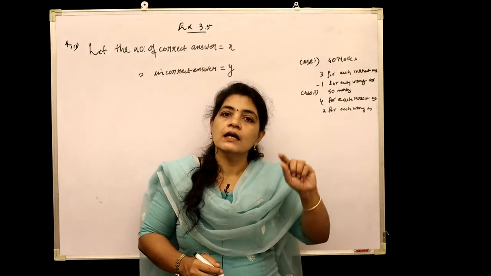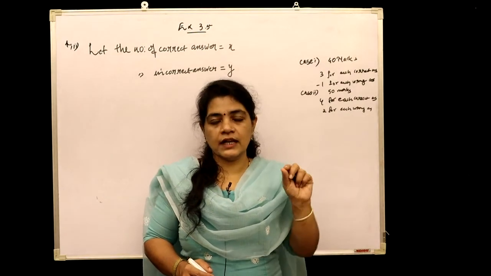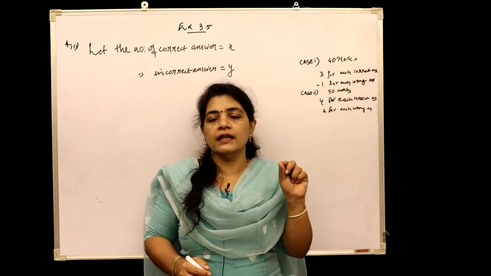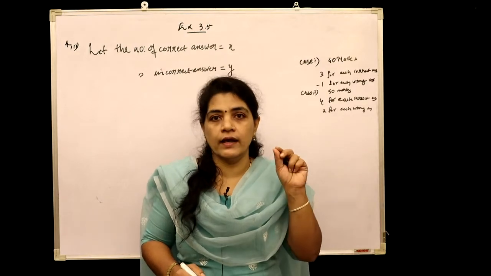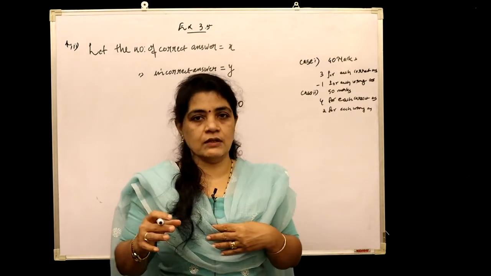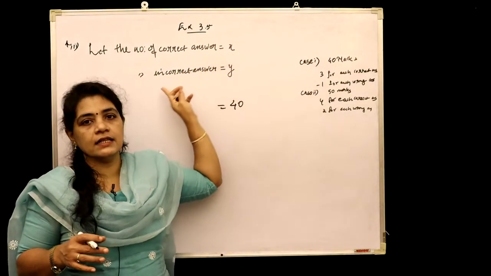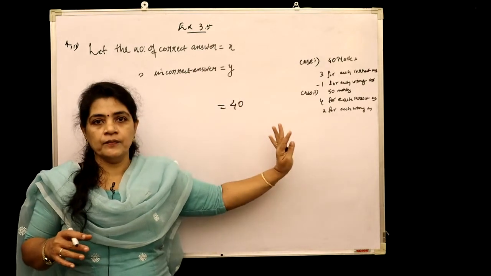So we can take the number of correct answers as x and the number of incorrect answers as y. When we add that, you will get the total number of questions. Okay, so that is what we have done here. Number of correct answers is x and number of incorrect answers is y.